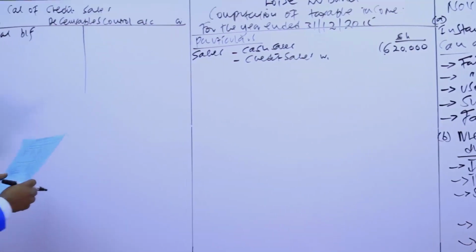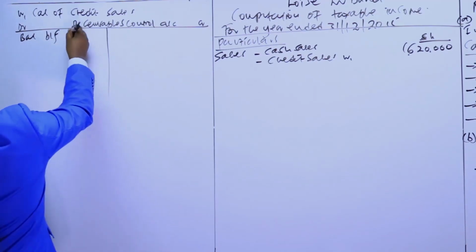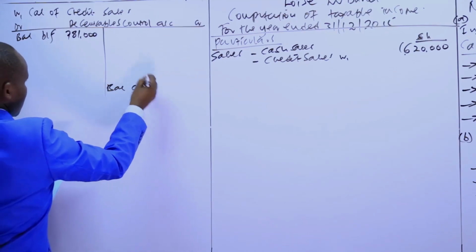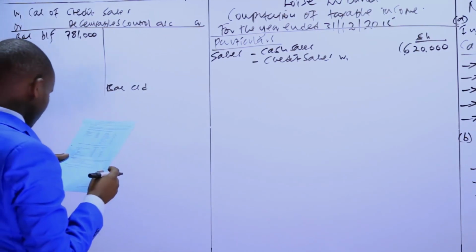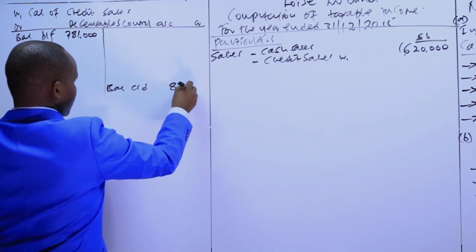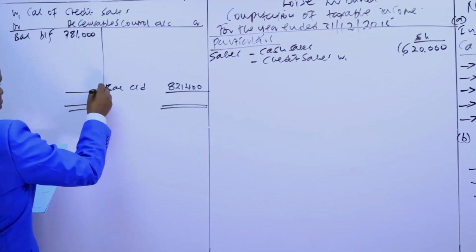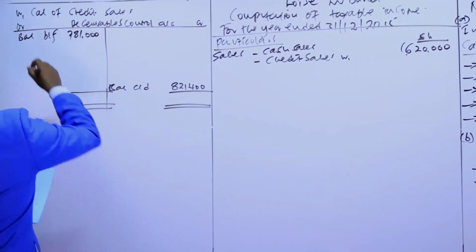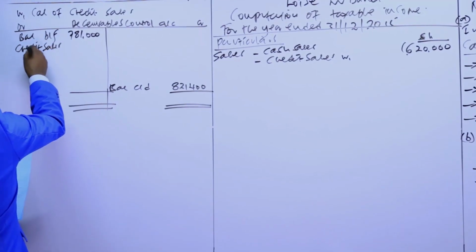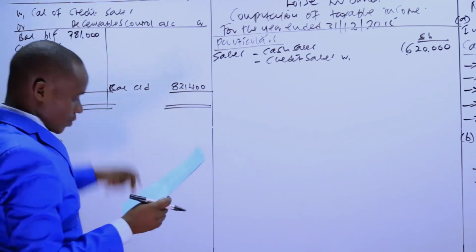Balance brought forward is 781,000. Balance carried down is 821,400. What we are looking for is credit sales, and therefore this will be the balancing figure.